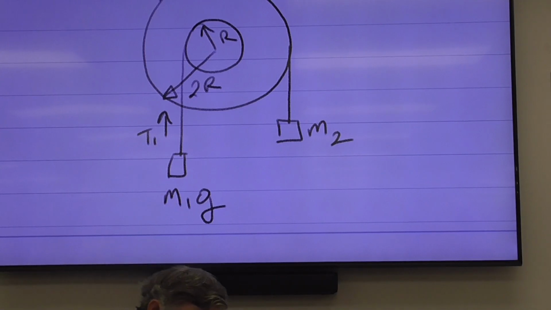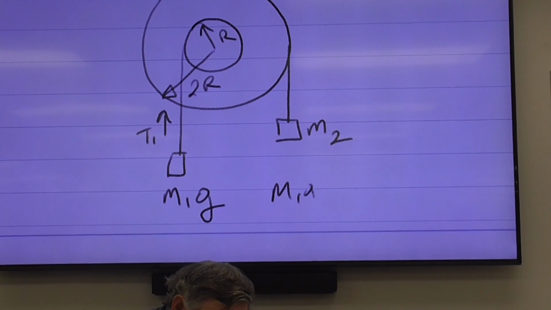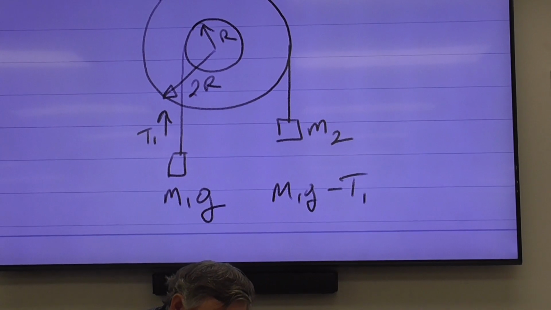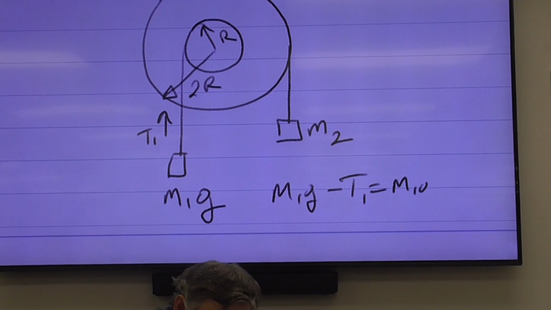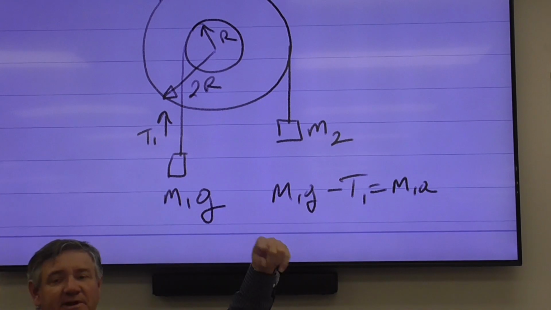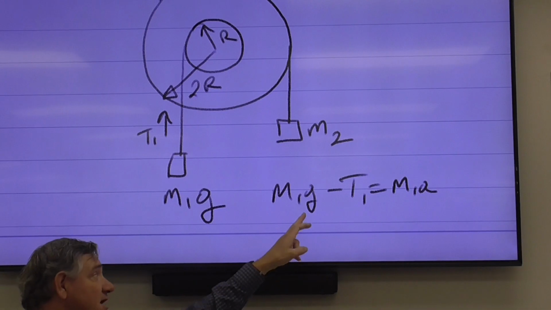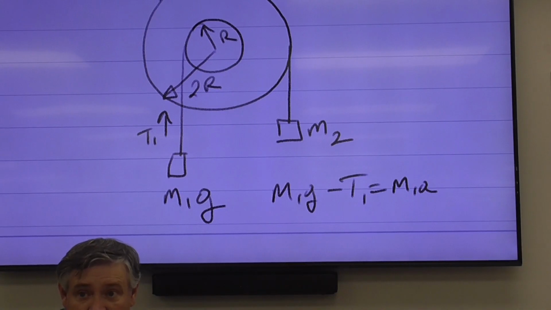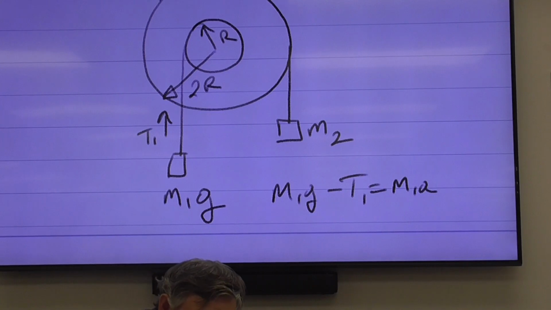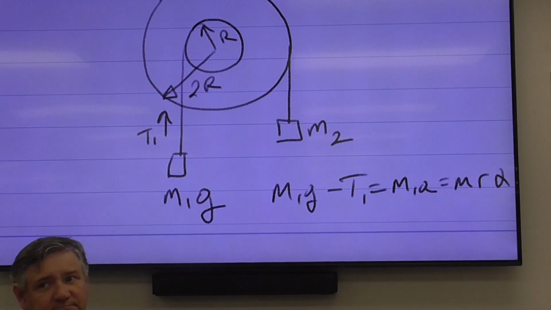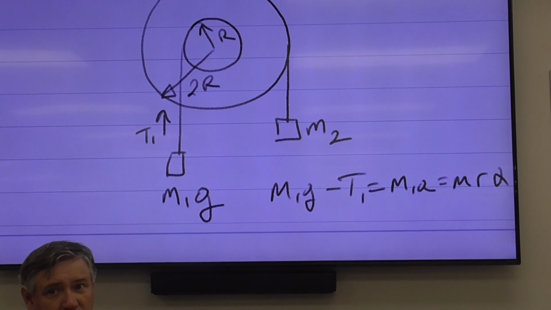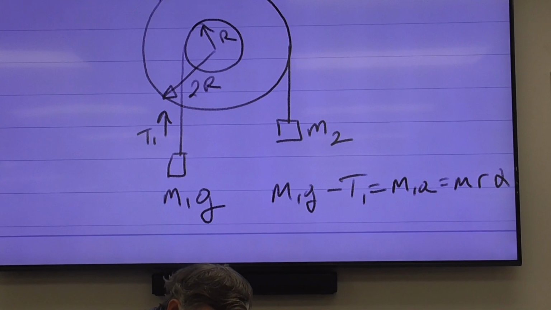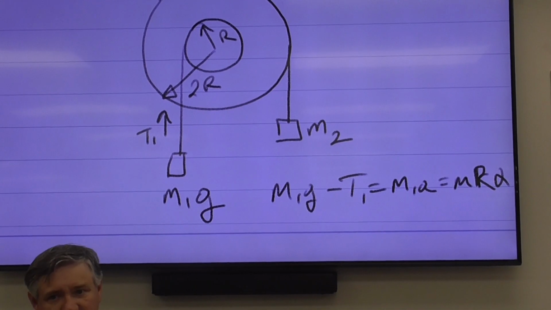So M1G minus tension 1 gives my net force, which is M1A. But I'm talking about a spinning object, so instead of acceleration, I put M1 R alpha. Now, which radius am I going to use, the R or the 2R? R, because it's on the inside one.